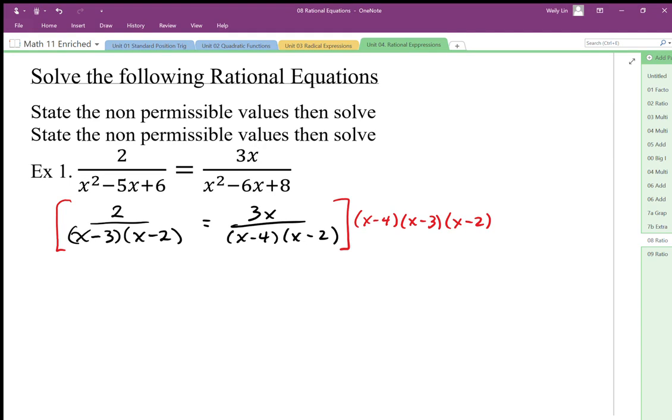Now there's lots of factors involved, so I have to be a little more careful with what I'm doing. The x minus 3 and x minus 2 will cancel out, so I'm going to multiply by x minus 4 times 2. There's my 2 factor, and then I have my x minus 4.